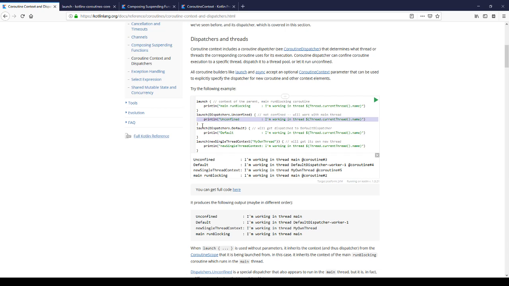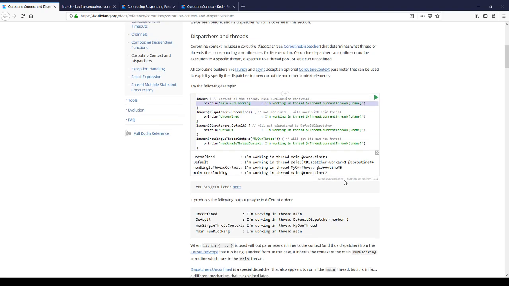So the suspend point is actually the return at the end of this coroutine. So yeah, this is executed. Then Dispatchers.Default and newSingleThreadContext, these are both scheduled, and not until the latest suspension point of this whole main runBlocking coroutine is this unblocked and can be executed. So that's why this is executed last.